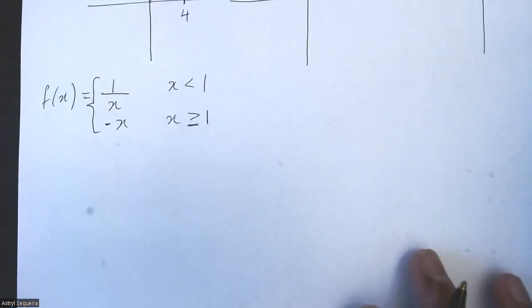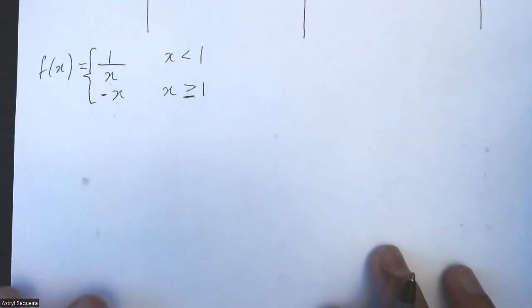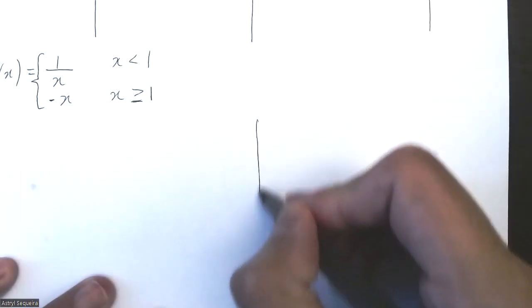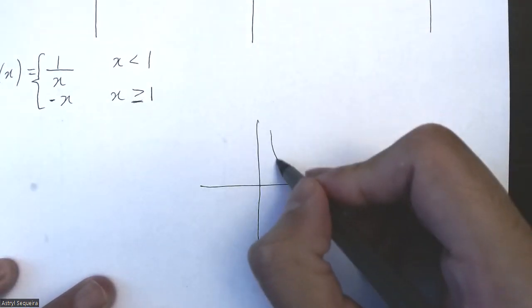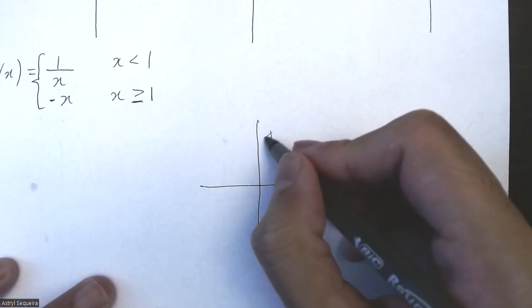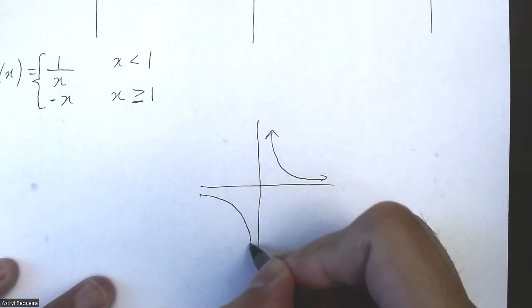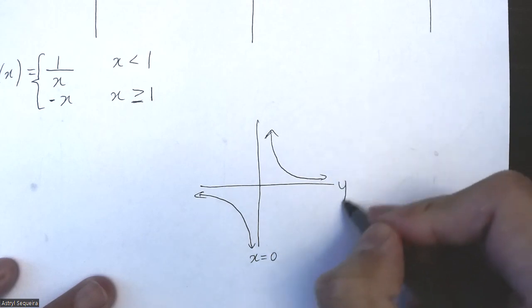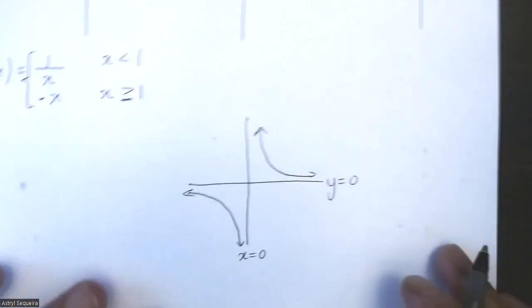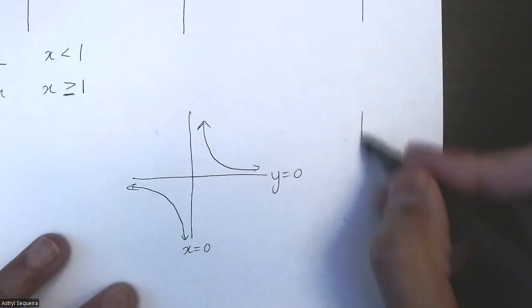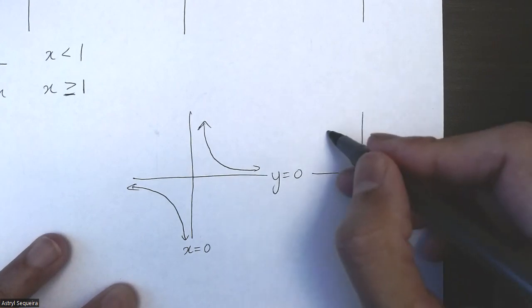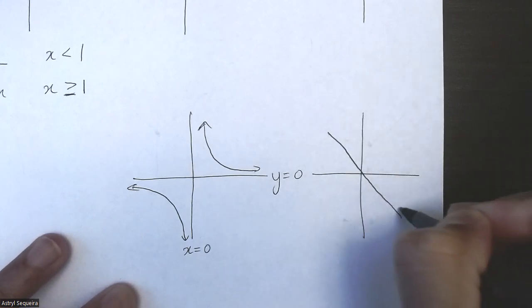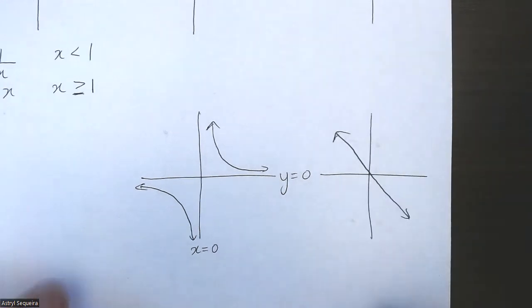Let's go to our third and final question. 1 over x is just a reciprocal function. Just looks like this. It has an asymptote at x equals 0 and an asymptote at y equals 0. Negative x is just a linear function with a negative slope of 1. So it just looks like that.